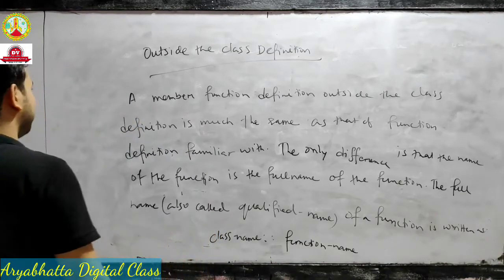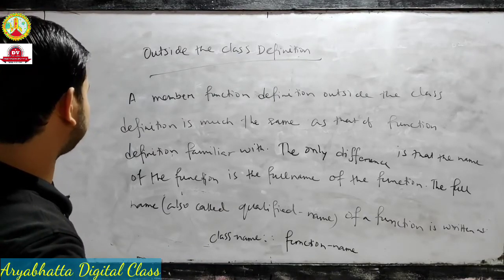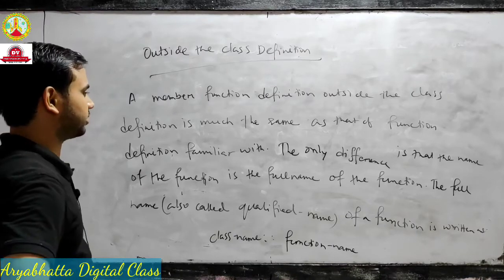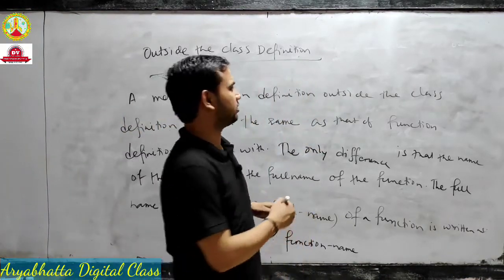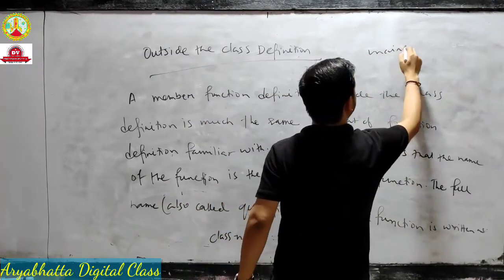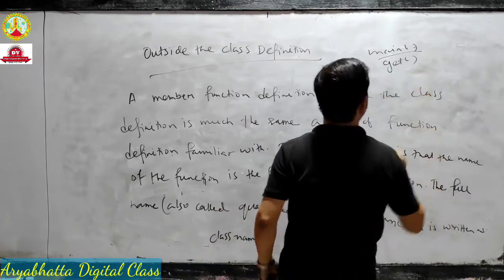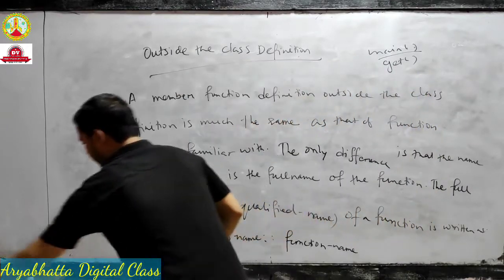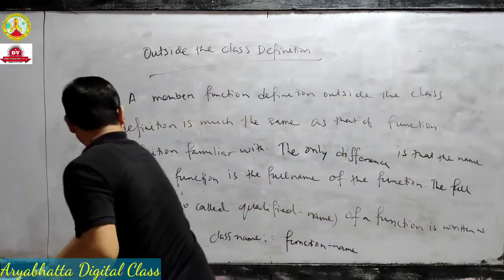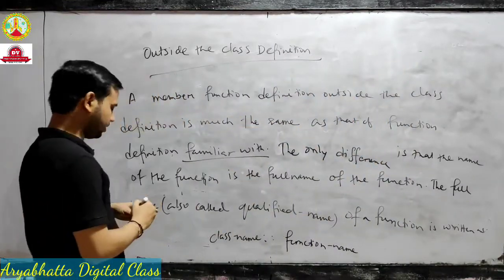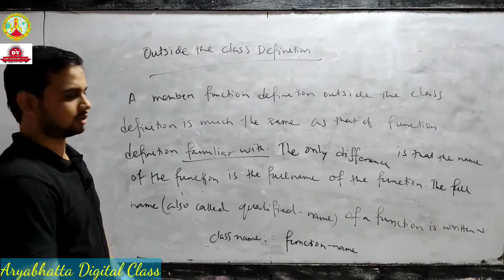A member function definition outside a class definition is much the same as that of function definitions we are familiar with. How do we write a function? For example the main function with opening and closing brackets, or a get function with opening and closing brackets. A member function is like that. That's why the words familiar with are used: we already discussed functions many times, and a member function is also like a simple function.